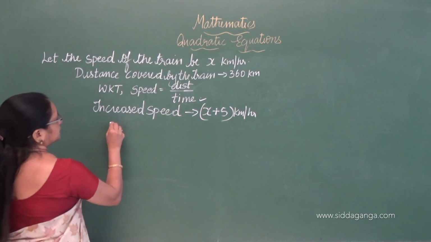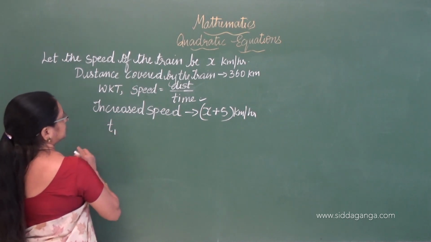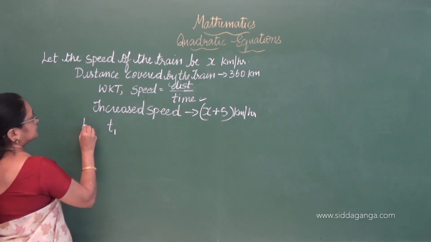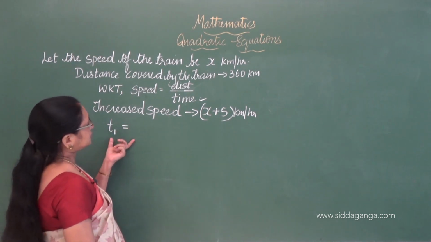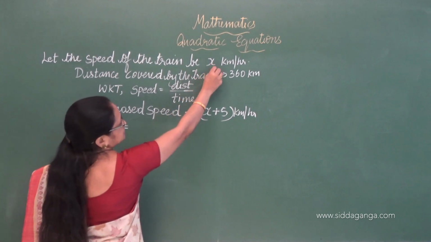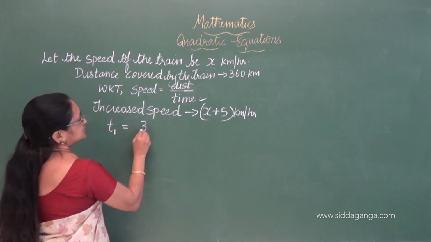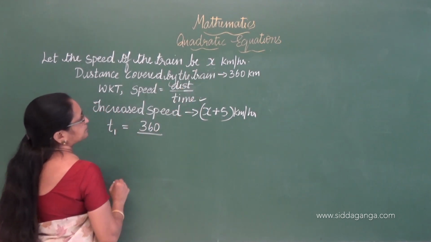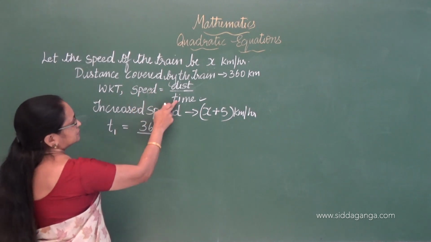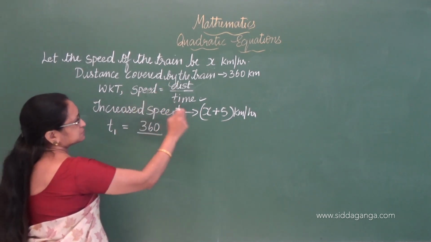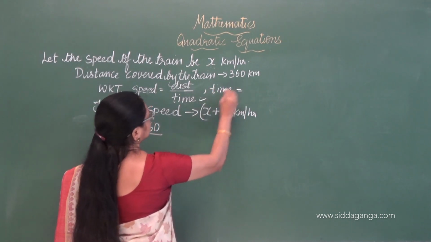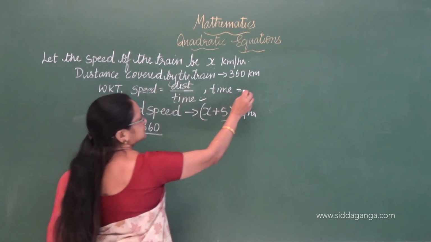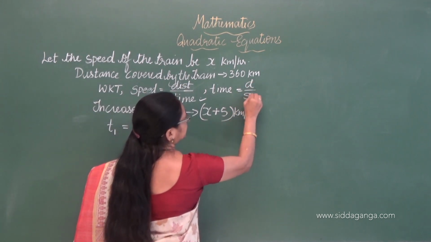For T1, the distance is the same, 360, and you all know time is equal to distance by speed.